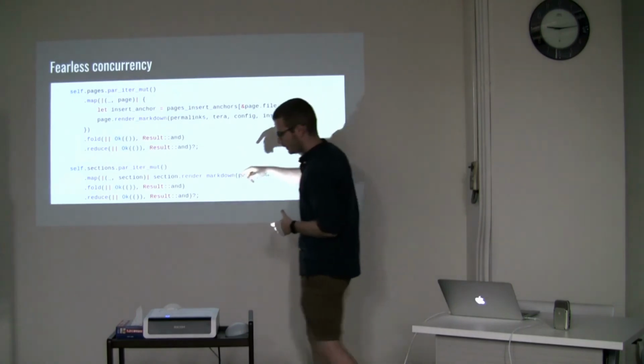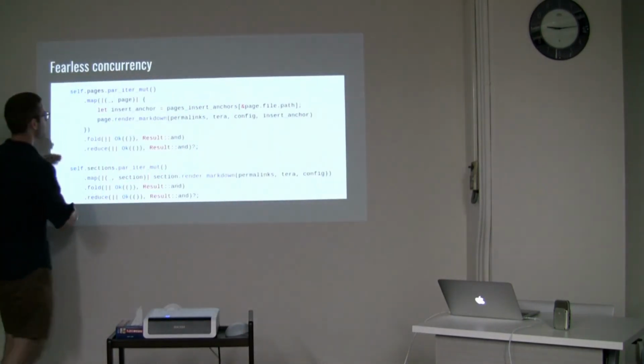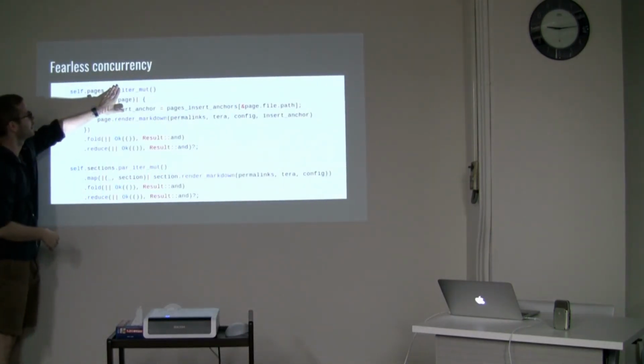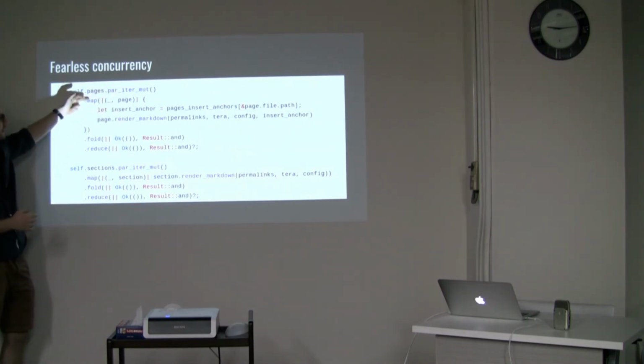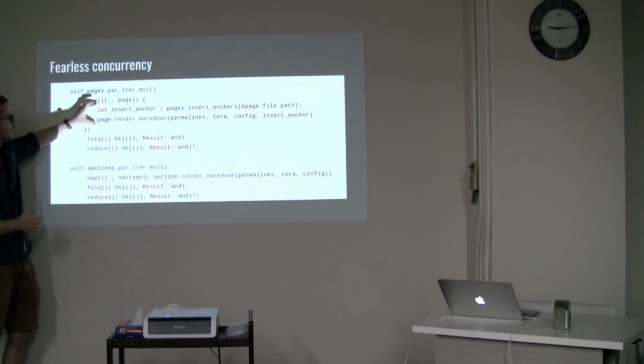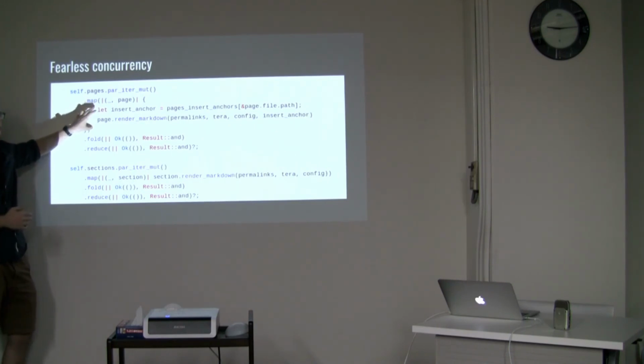If you remove that, it's basically normal Rust code without any parallelism, and Rayon just adds this one. Now this is run in parallel, and it only runs in parallel if this code cannot have a data race, which in this case it cannot.